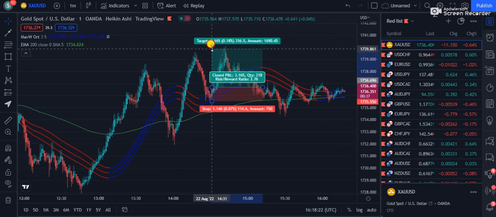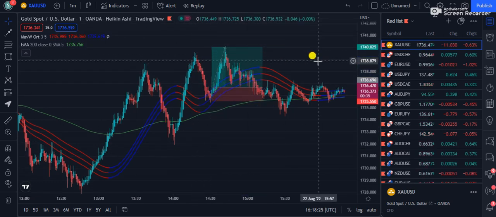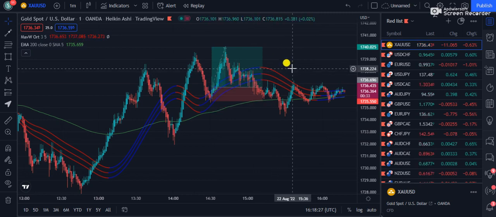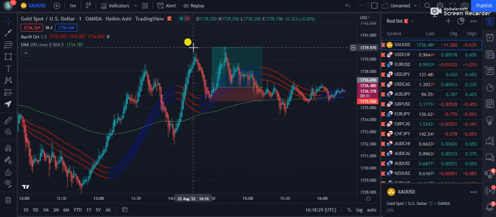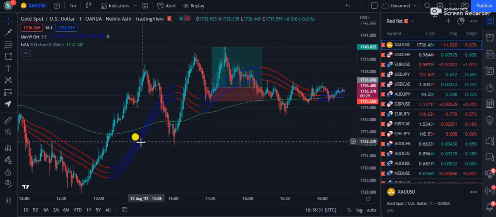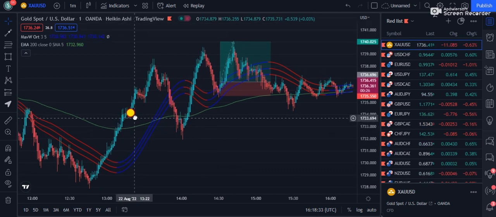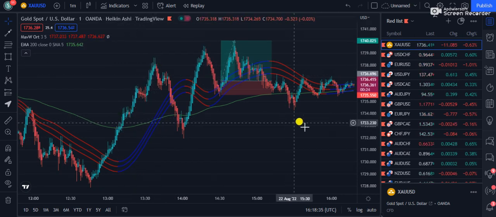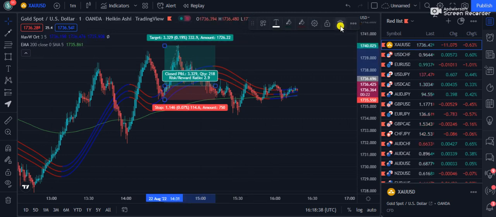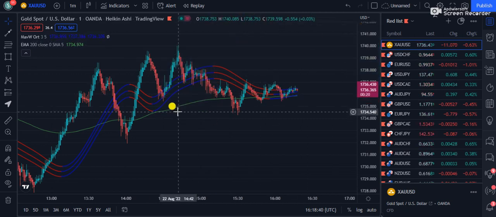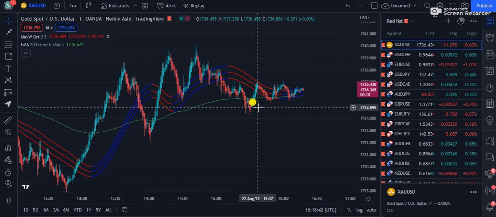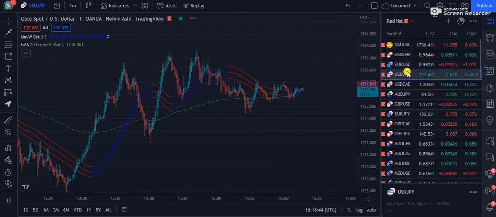Let's see how it performed in the ranging pattern: it was almost a 2.9 ratio. That's very, very good. Here also we were able to catch the buy position. Here you can see the trend changed, and you will find a lot of opportunities. Right now you can see a ranging pattern is forming, so do not trade this one because it is a ranging pattern.